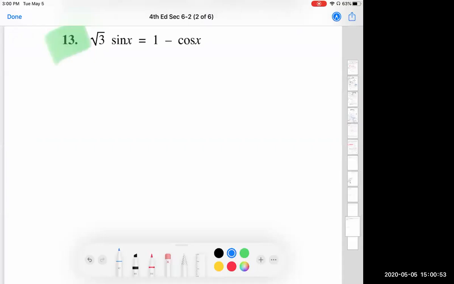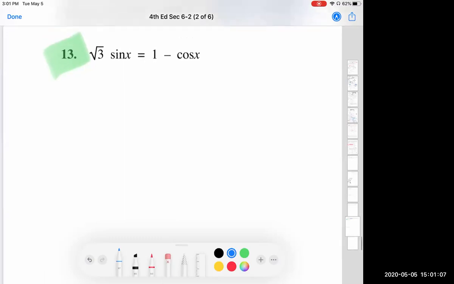All right, now our problem here is that we have a cosine and a sine. And we know that this wouldn't be a problem if we had them in square form. So let's go ahead and square both sides.